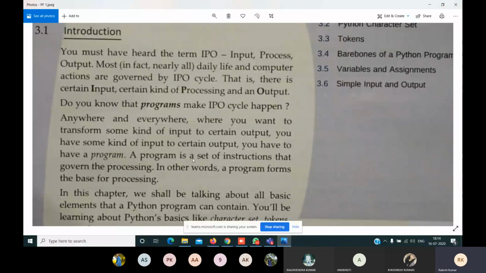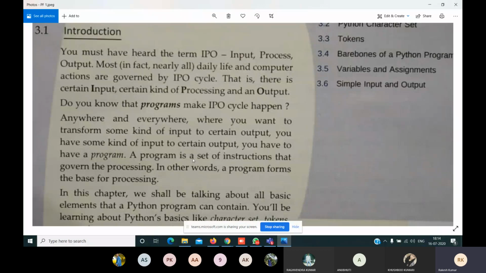So you have some kind of input and certain output, and you have to have a program. A program is a set of instructions that governs the processing. First of all, software, then programs. What is a software? What is a program?